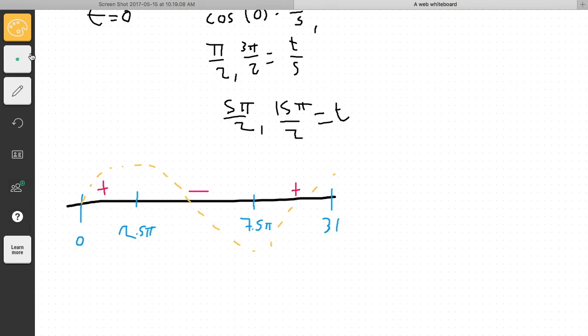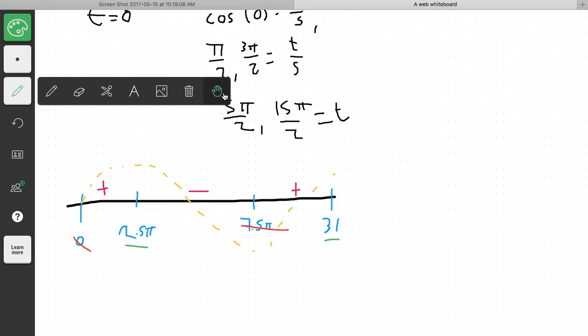Obviously it's not exact, we don't know the exact y values. But this does give us a good idea of what our possible points can be. Obviously 0 is not possible because the values get bigger after 0. And 7.5 pi is not possible either because, like I just showed, it's a minimum. So that means that we have either 2.5 pi or 31.